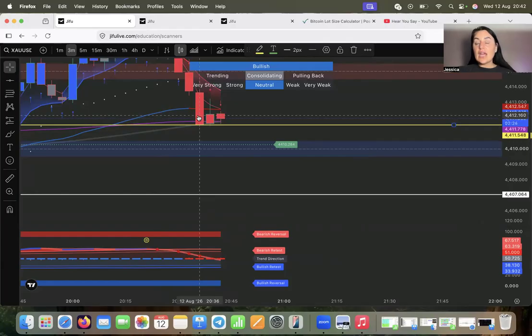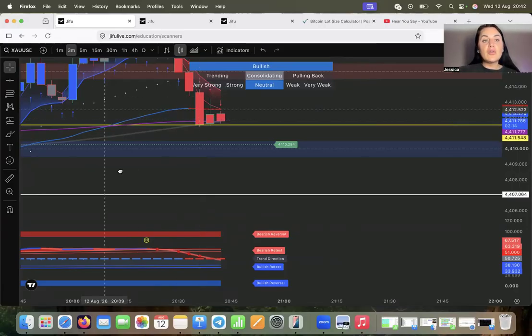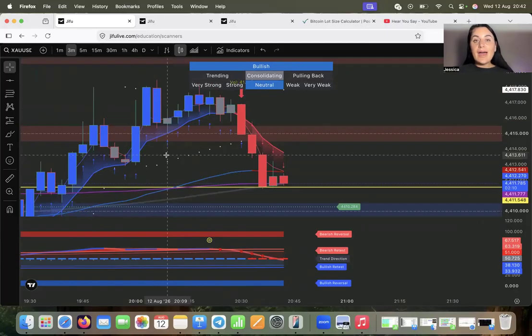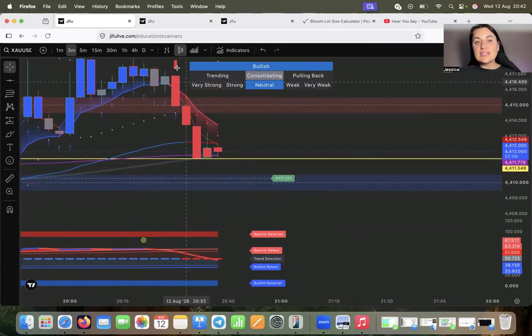It can have big wicks, to be honest, but it's just a big body candle. This shows me that the sellers are in control. When you see an engulfing bullish like this, it tells you that the buyers are in control. At the moment, the sellers are very much in control here.